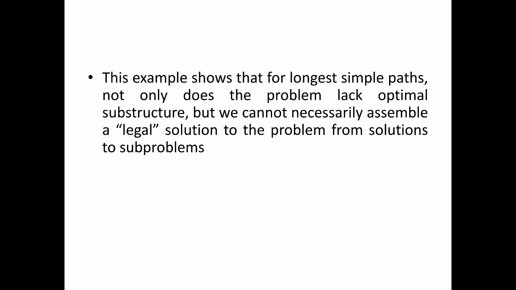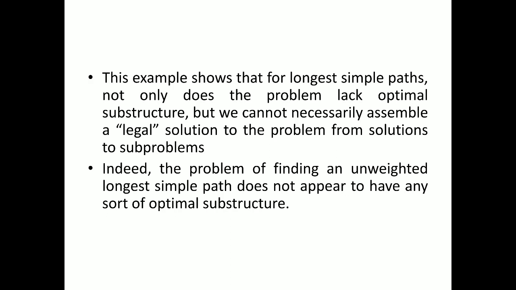So this example shows that for the longest simple path, not only does the problem lack optimal substructure, but we cannot necessarily assume a legal solution to the problem from the solutions to subproblems. And therefore the problem of finding an unweighted longest path does not appear to have any sort of optimal substructure.